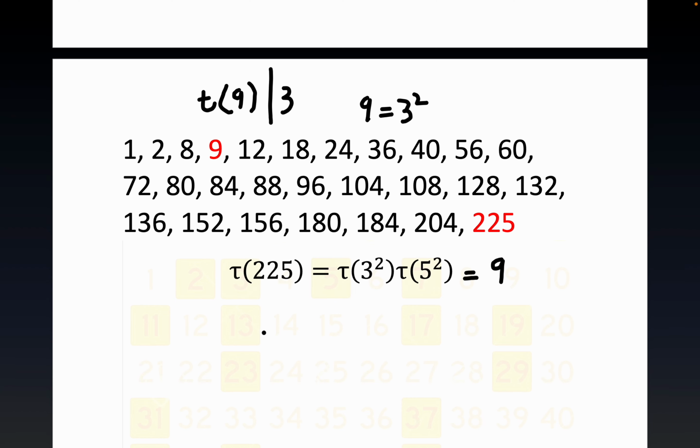So we see that tau of 225 divides 225. But really, the more important takeaway here is that this is equal to 15 squared, right?